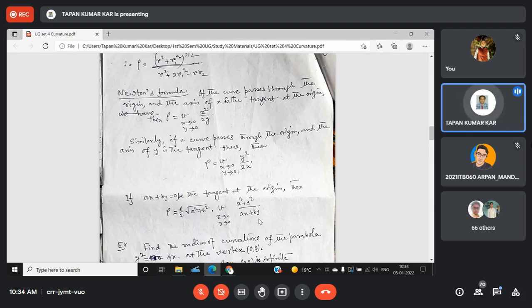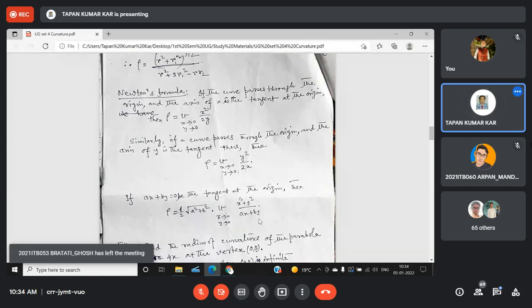Then how will you find the tangent at the origin? Do you know any formula? If a curve passes through the origin, then by observation, how will you find the tangent of the curve at the origin?